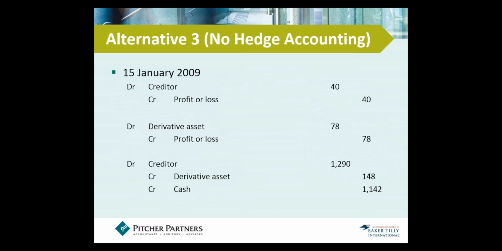And then on the 15th of January, we restate the creditor, we restate the derivative asset, and we pay the creditor. So the cash outflow is still fixed at the 1142, but we have some volatility over profit and loss over the period.